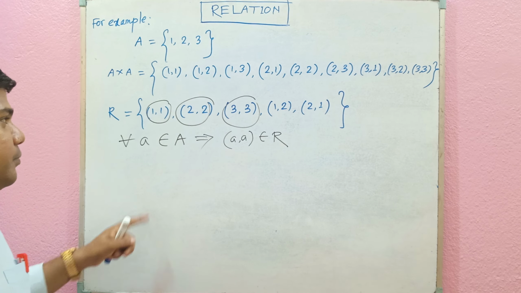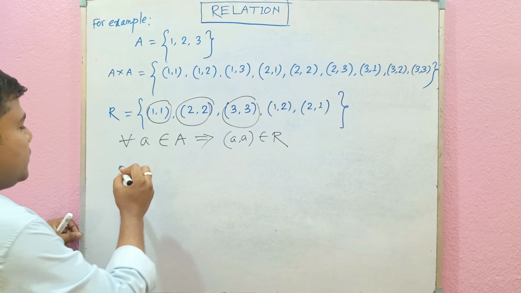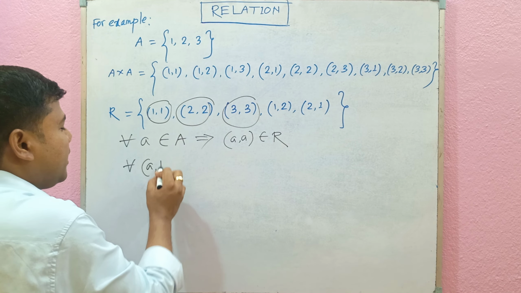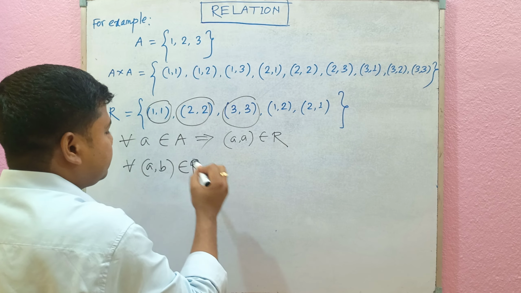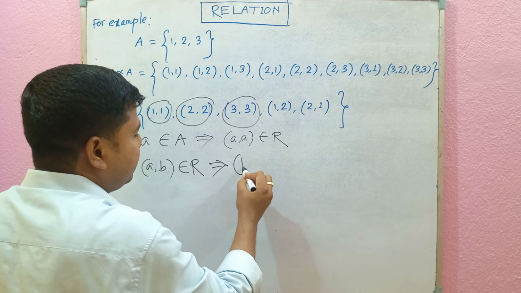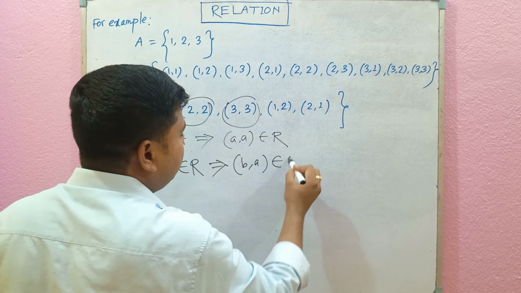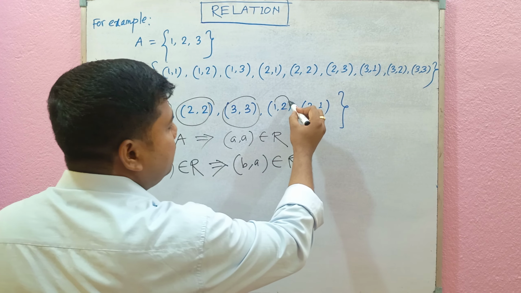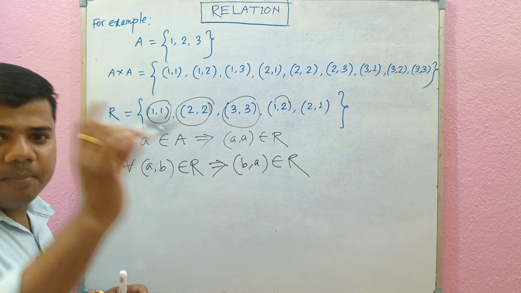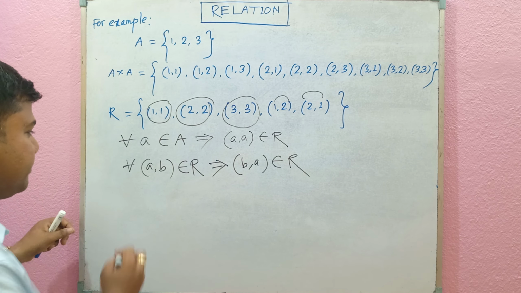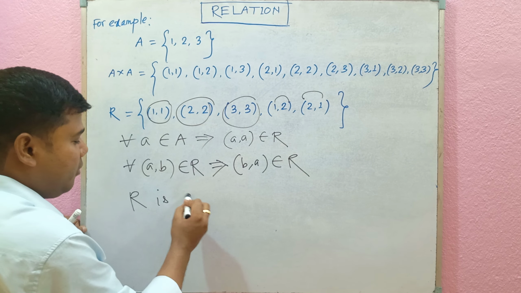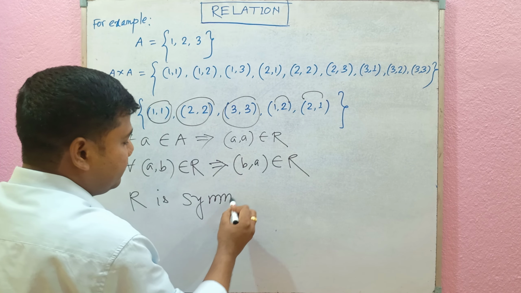Do you understand? Next, for all (a,b) belonging to R, (b,a) belongs to R. (1,2) belongs to R implies (2,1) belongs to R. So R is symmetric.